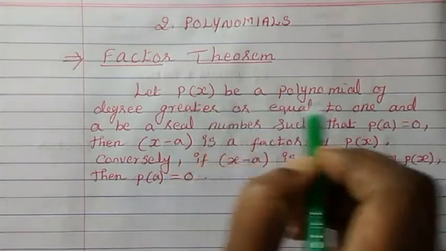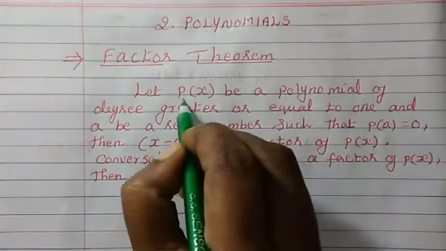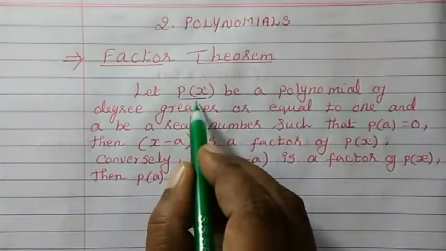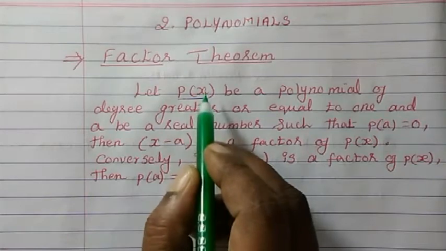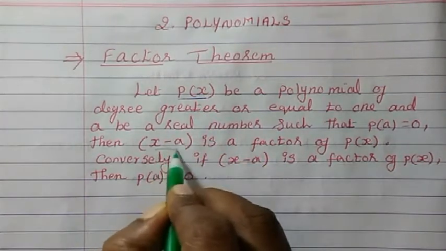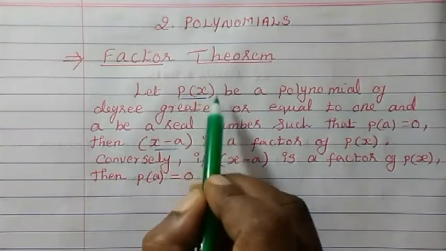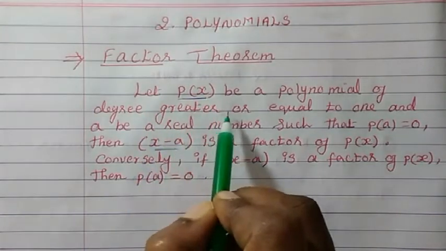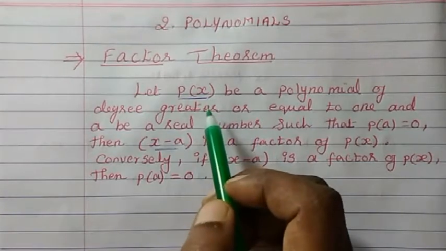Let p of x be a polynomial of a degree greater or equal to 1. So let's take that p of x is some polynomial. So that polynomial is divided by another polynomial, that is linear polynomial. See, this is a polynomial whose degree is greater or equal to 1. It can be greater than 1 or equal to 1.